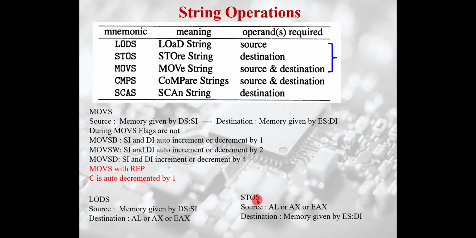Similarly, STOS is for putting the data which is available in the accumulator into a memory, and that memory address we don't have to specify. The processor would compute it based on the data available in ES and DI. So here also we don't have to specify the source. We just write LODS AL, and the source address from where the data is being fetched will be computed by DS:SI. So these are the things which we learned in the last class.